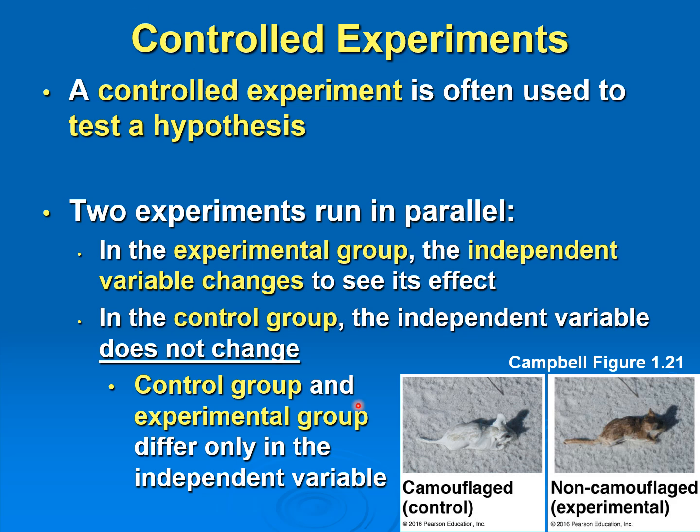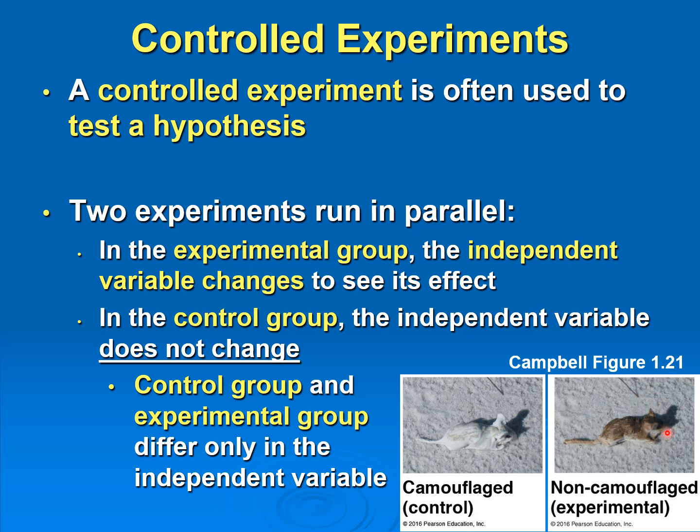So for example, maybe we want to take a look at how camouflage will affect how much these mice will be preyed on. So our control group, we're going to leave the mice camouflaged, but in our experimental group, we're going to change their color.